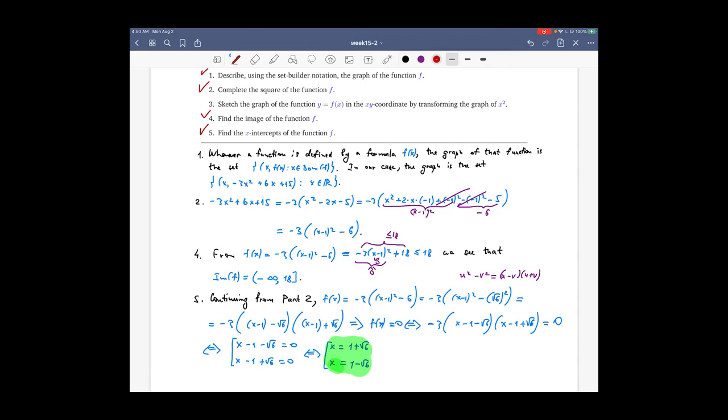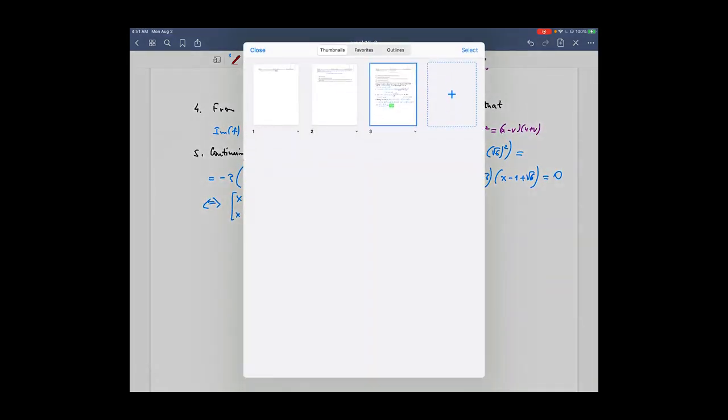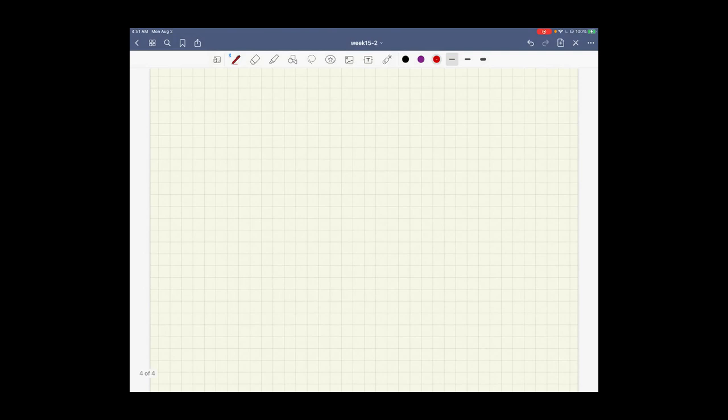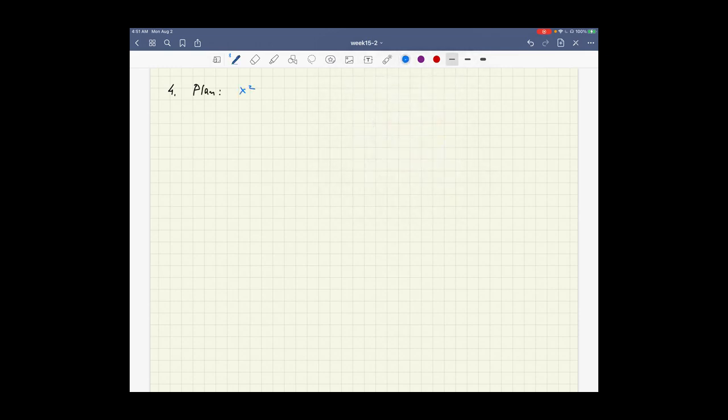And let's finally sketch the graph as the transformation of the graph of x squared. So I should perhaps add a new page. So the plan will be this. We graph x squared first. That we know what it looks like.